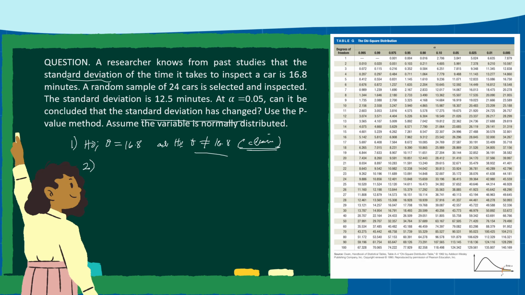So the alternative would be our claim. And step number 2, to compute for the standard deviation, when using the p-value method, we have to first compute the chi-square value.